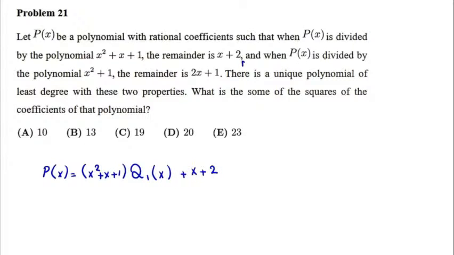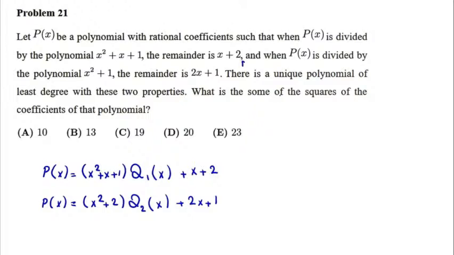And the next one, when p of x is divided by the polynomial x squared plus 1, this form is useful, we write q2 of x, and the remainder is 2x plus 1. There is a unique polynomial of least degree with these two properties.